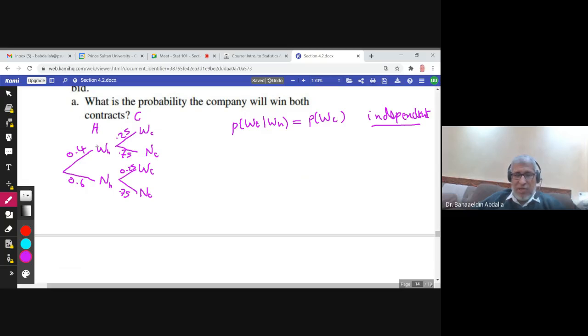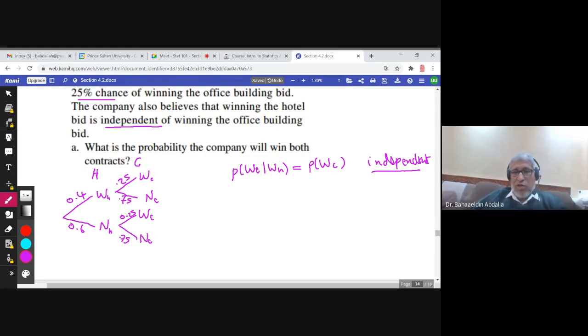So this is the meaning that H and C are independent. They do not influence each other. Winning or losing the hotel does not influence winning the commercial office. It's always the same. So this is a tree diagram to illustrate the case here.